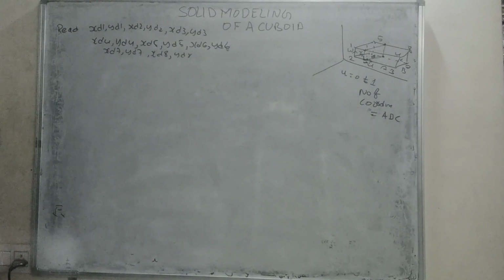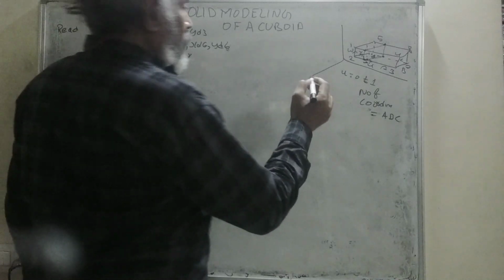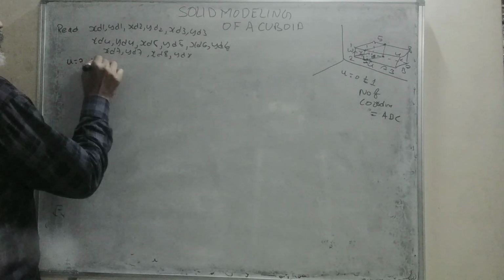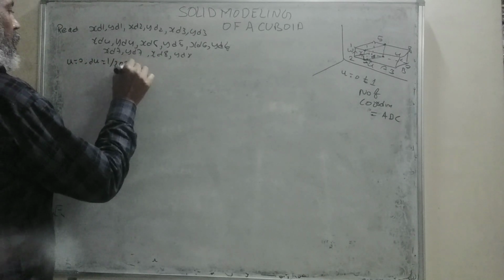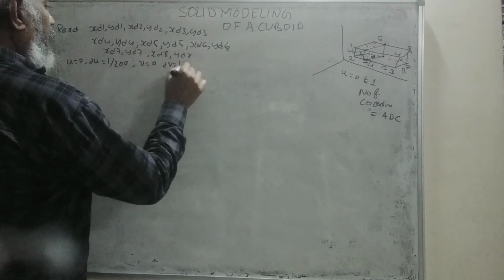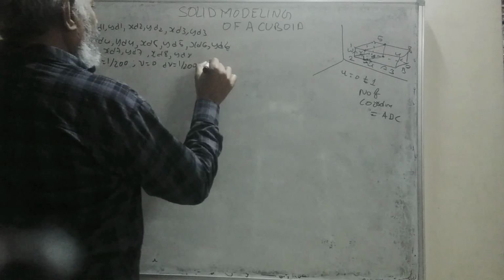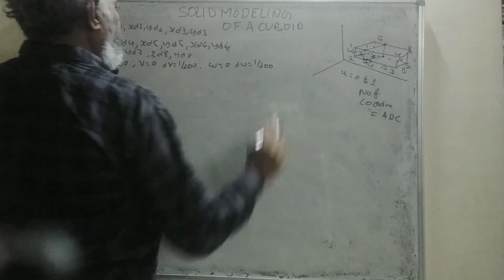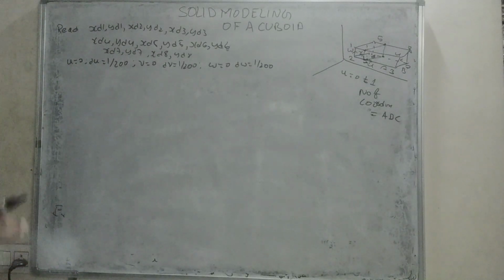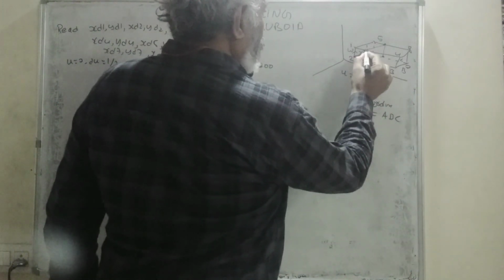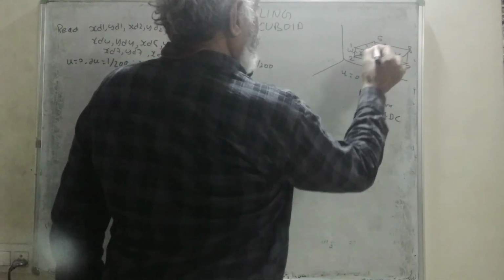Now, you are incrementing, so u is equal to 0, du is equal to 1 by 200, v is equal to 0, dv is equal to 1 by 200, w is equal to 0, dw is equal to 1 by 200. So these are the various values, and at each value of u from 0 to 1, you are having 8 points.